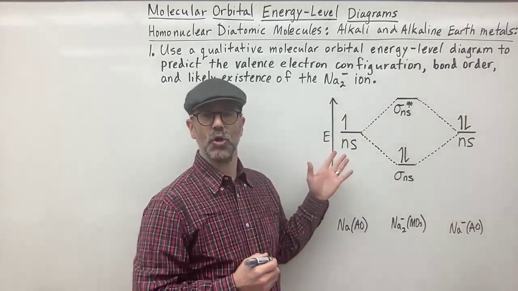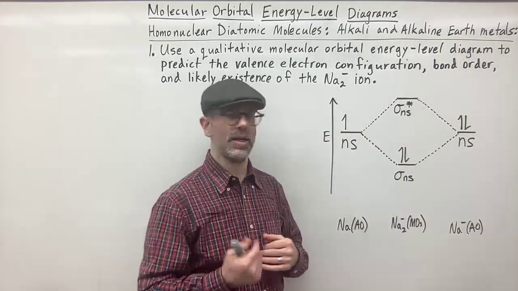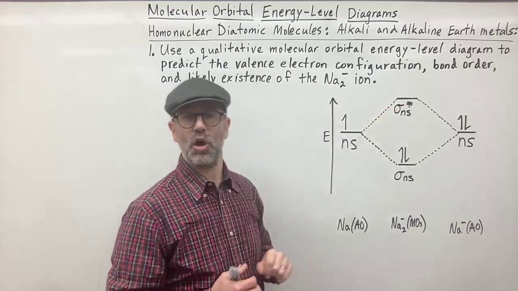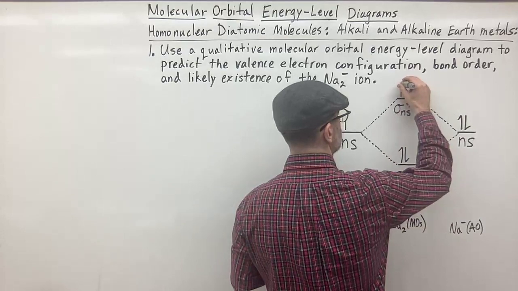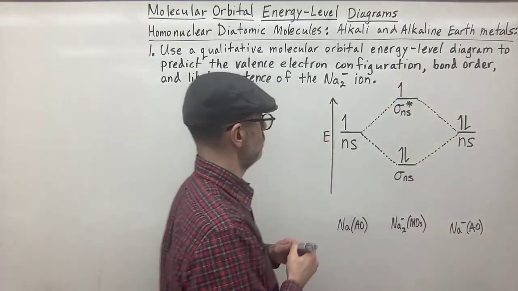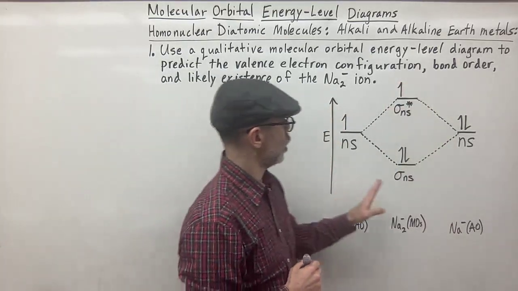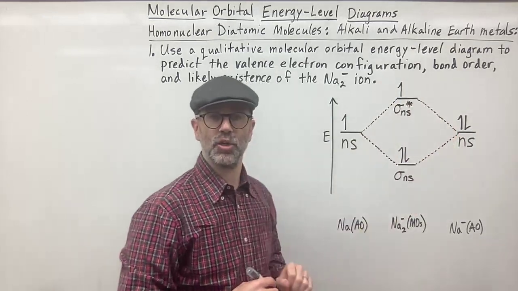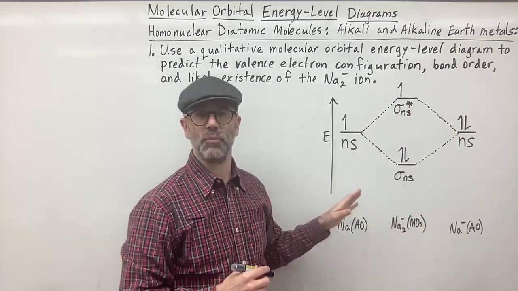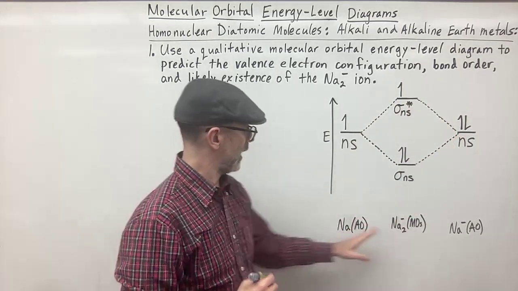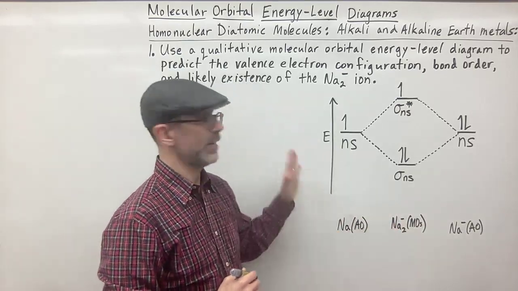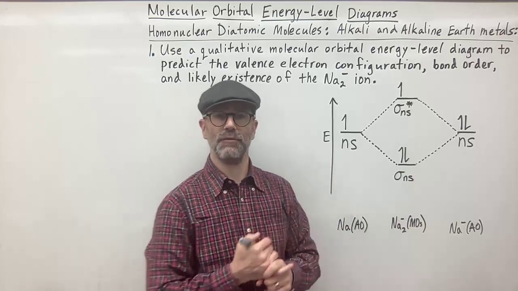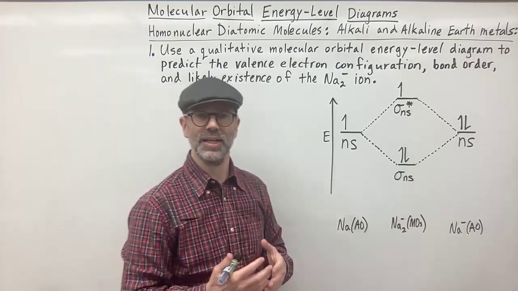So we have three total. We used two, so we have one left. The one has to go up into the anti-bonding orbital, like so. And so this is what the molecular orbital energy level diagram would look like for Na2 minus. So now we can figure out what the electron configuration is going to be for the valence electrons.